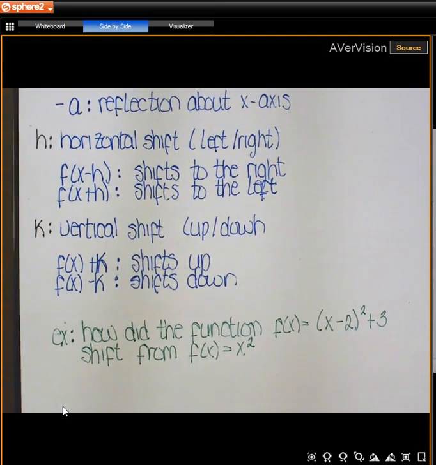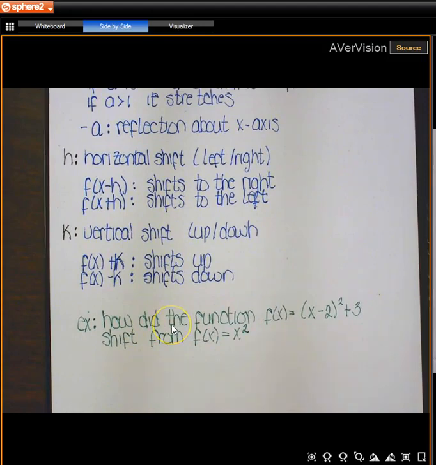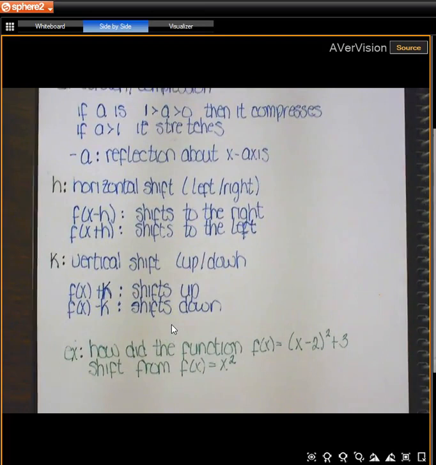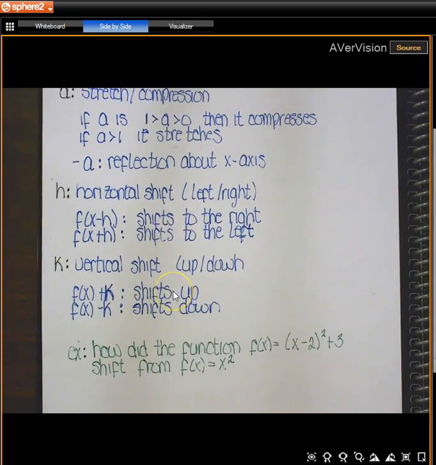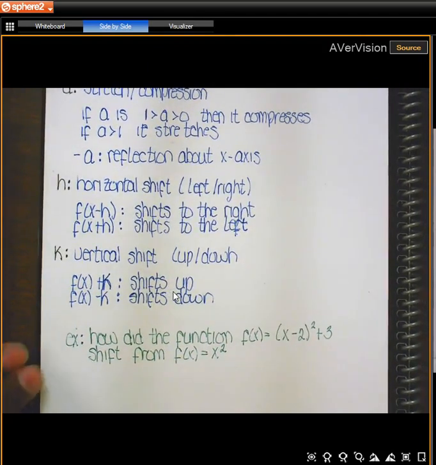So just tell me what the transformations were. How did it change? Yep.